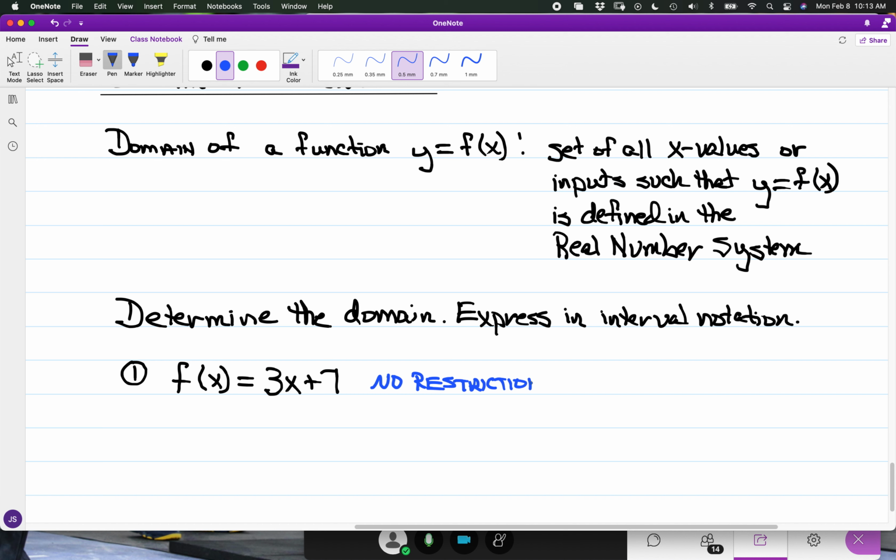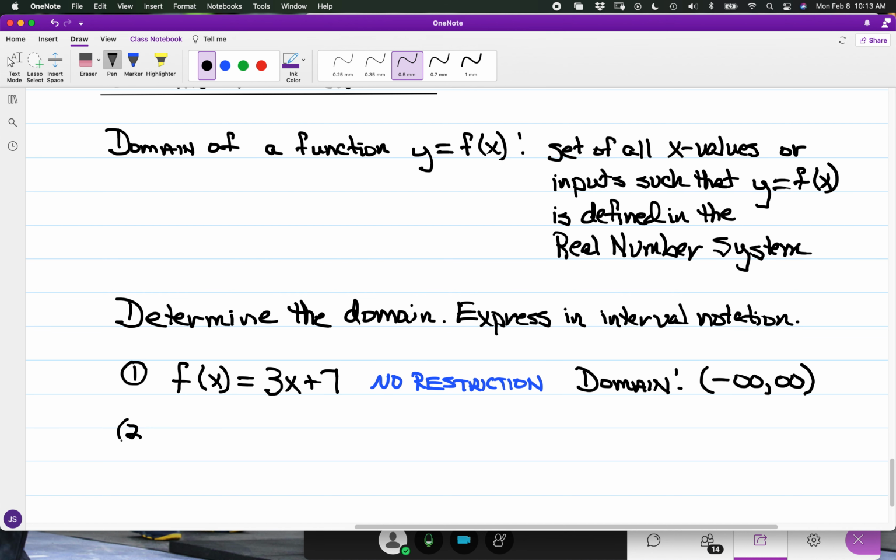And because the function has no restriction, for the domain you're going to have the set of all real numbers. Again, that's going to be denoted by parentheses around negative and positive infinity.